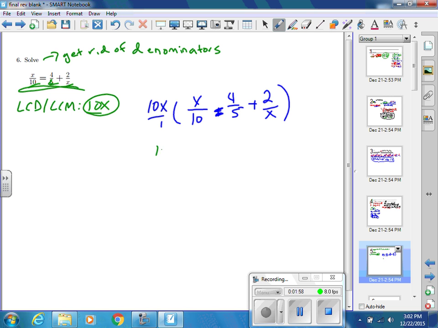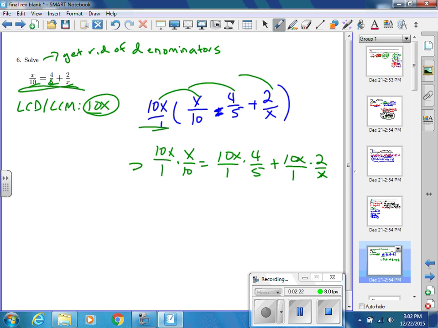So you might have 10x over 1 times x over 10, equals 10x over 1 times 4 over 5, plus 10x over 1 times 2 over x. Any one of these is okay, as long as you know we're doing the same thing no matter which one we're doing, okay? That all of these are going to get multiplied by that. And I think it's just easier to write it like this from the beginning.